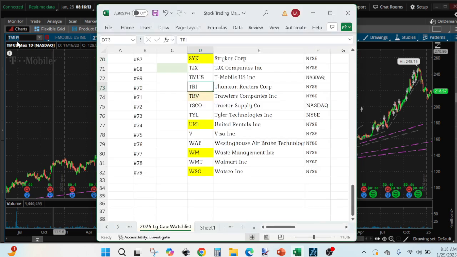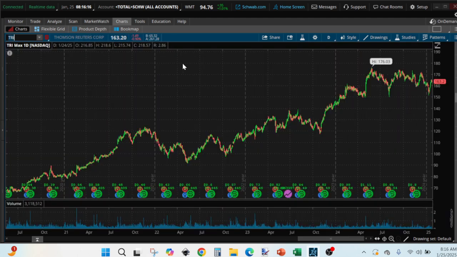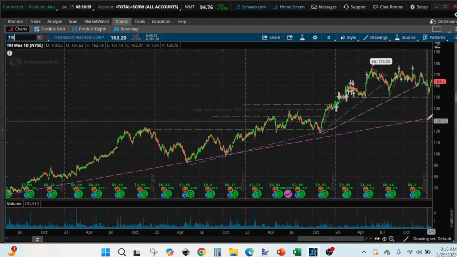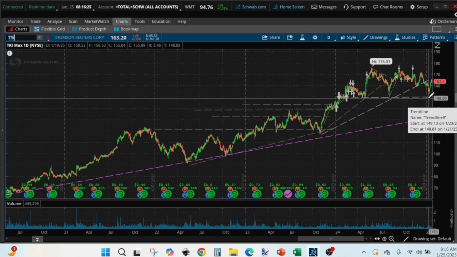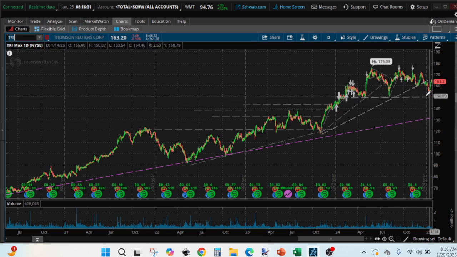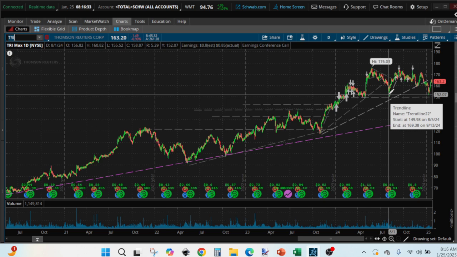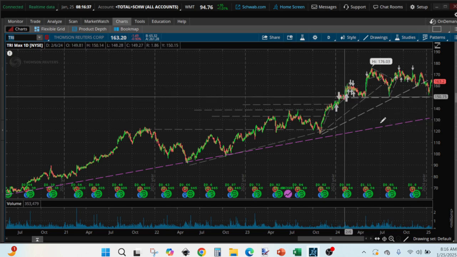The next one is TRI. So TRI, we like to buy at this trend line, and right now it is nowhere near it. It is resting at this trend line, which is a previous support line as well, another previous support line, and a resistance line somewhere here.